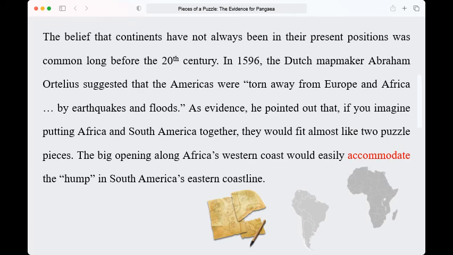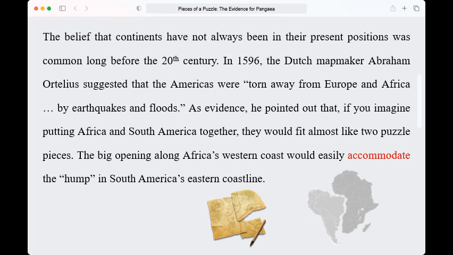He pointed out that if you imagine putting Africa and South America together, they would fit almost like two puzzle pieces. The shape of Africa and the shape of South America fit together nicely, just like two puzzle pieces.